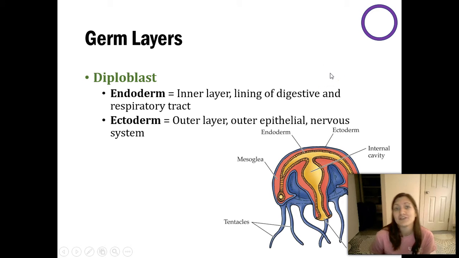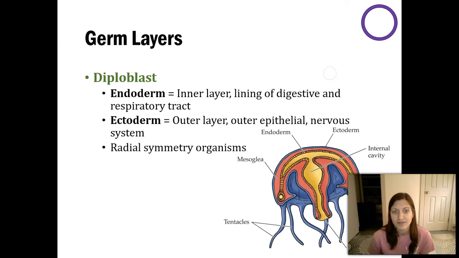A diploblast also has an ectoderm, ecto meaning outer. So this is an outer layer. These are outer epithelial cells. In most organisms, this is also what's developing the nervous system. So thinking about your nerves and brain.